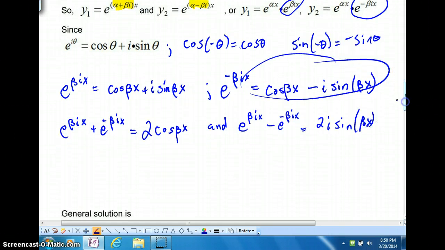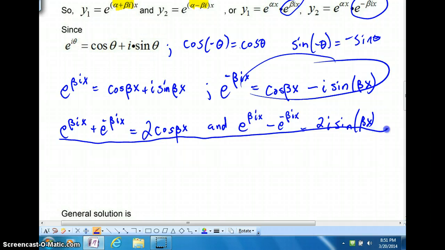We're going to extend this now. And going back to this basic idea of a superposition principle, we could say that go to your y1 and y2, and we'd have a general solution saying that we'd have a constant c1 times your y1, but let's separate it, e to the alpha x, e to the beta ix, and then we'll say plus, have a constant c2 times y2, and that y2 can be written in a similar format.